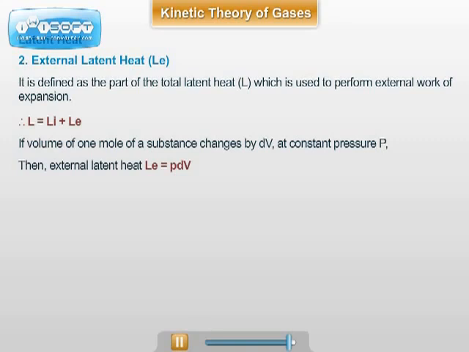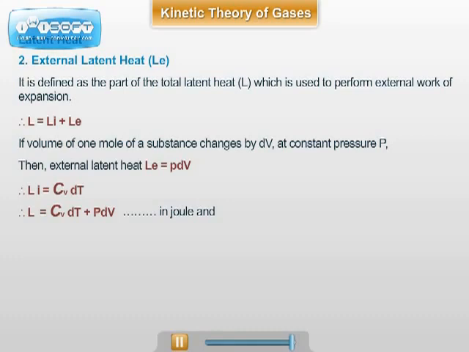Also, the work done against the internal forces is the rise in the internal energy. Thus, Li is equal to Cv dT. Hence, L can be written as sum of Cv dT and PdV.